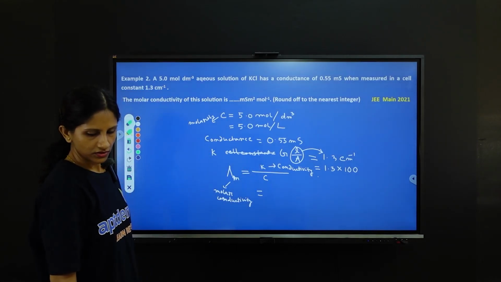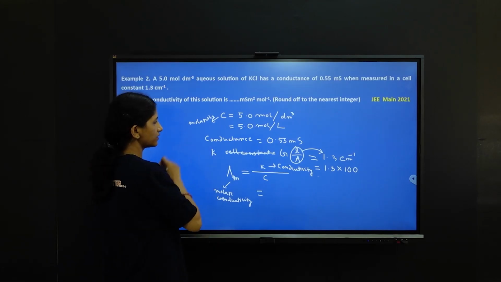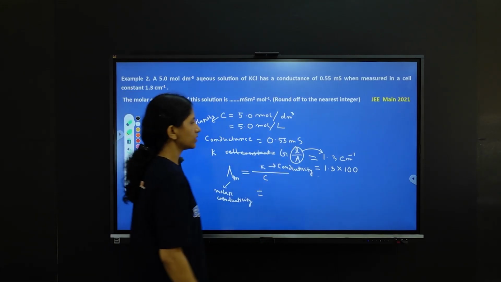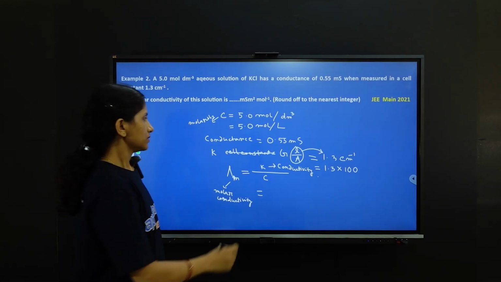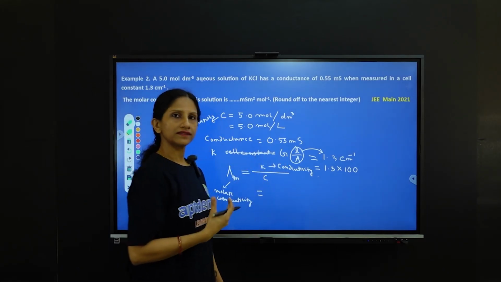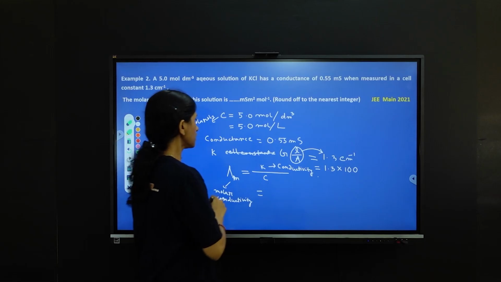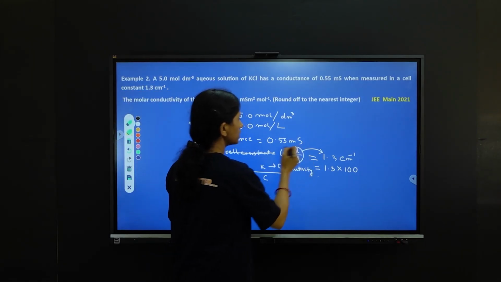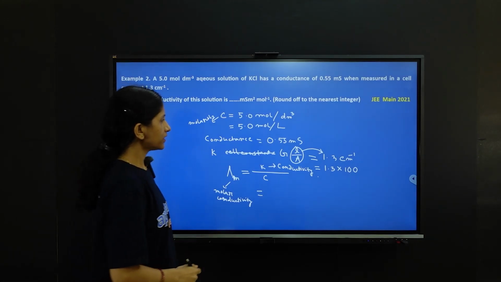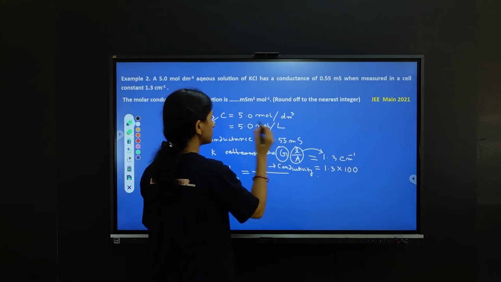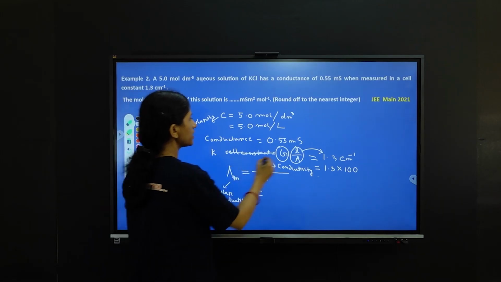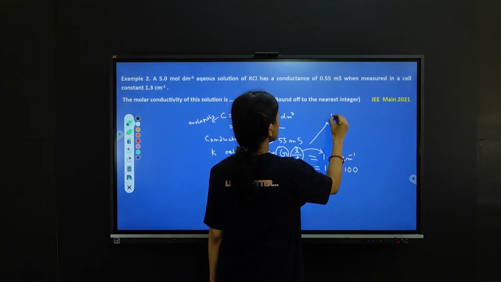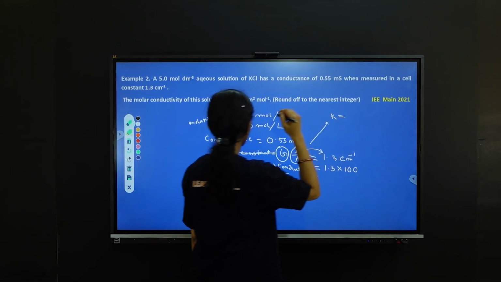Kappa, that is conductivity, is related to the conductance and the cell constant by the following relation, where you can use the value of the cell constant which is already given, and also the value of the conductance. So from here you can easily calculate kappa.